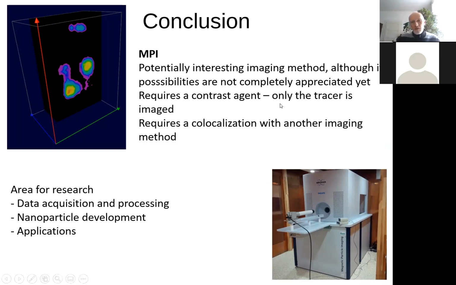It provides no anatomical information. Therefore, it requires a colocalization with another imaging method, like MRI or CT. So far, it's rather an area for research than a usable preclinical method.